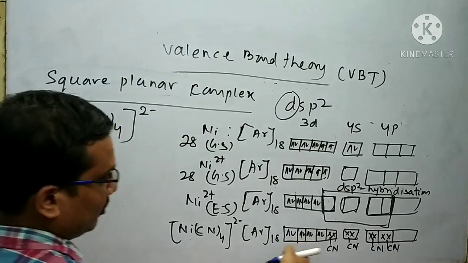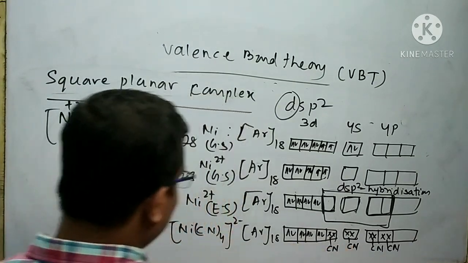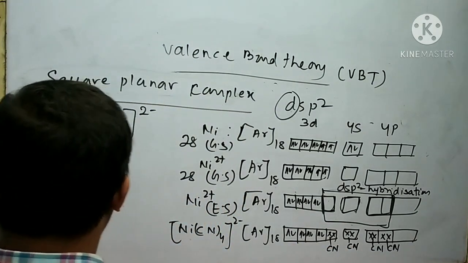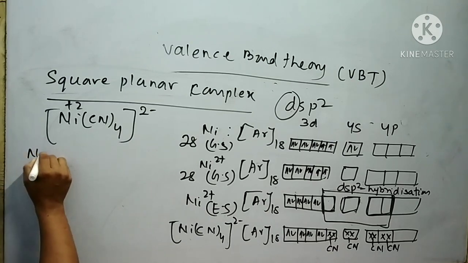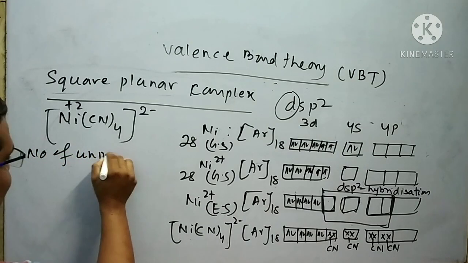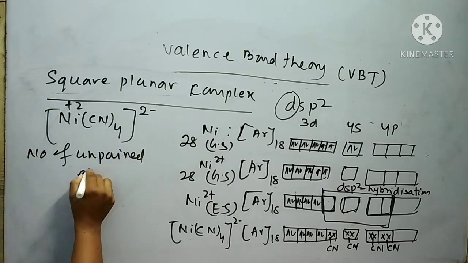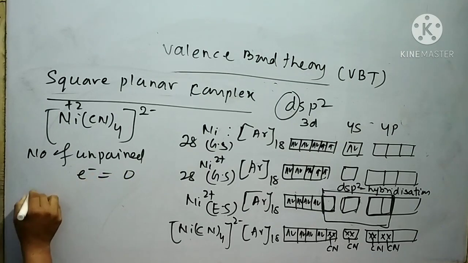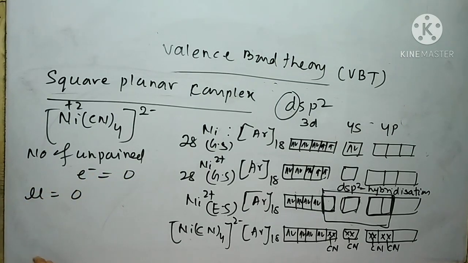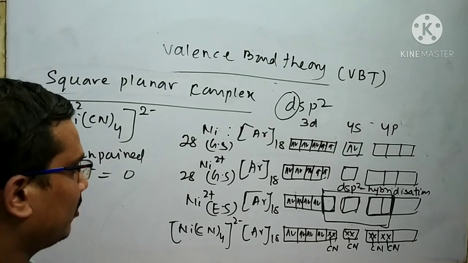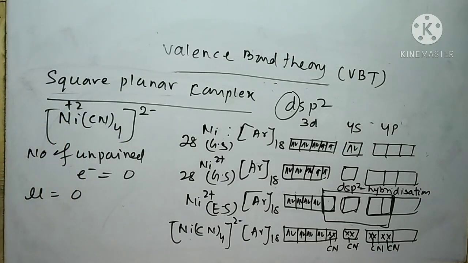Look at that, there is no unpaired electron in this diagram. So we can write the number of unpaired electrons equal to 0. So the magnetic moment mu equals 0. Since there is no unpaired electron, the complex is diamagnetic in nature. The structure of this complex is square planar.